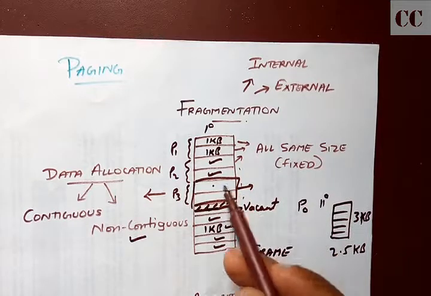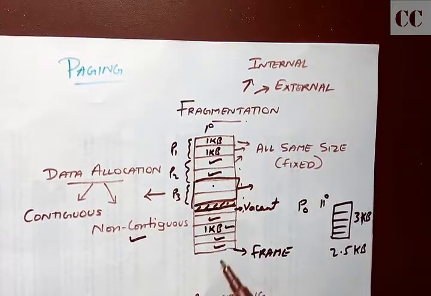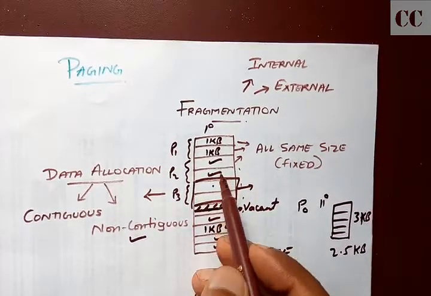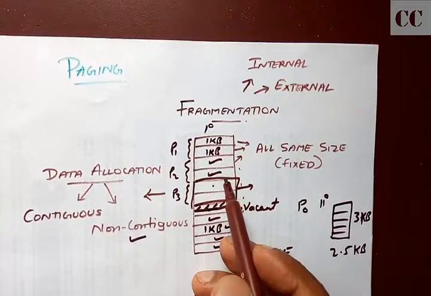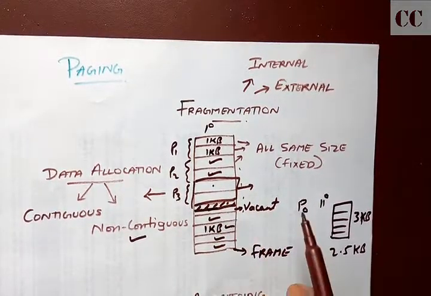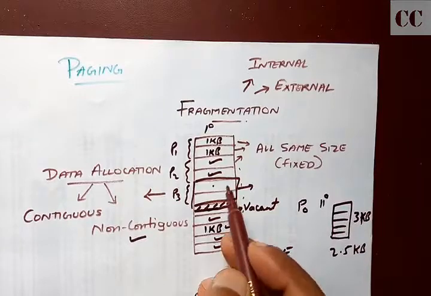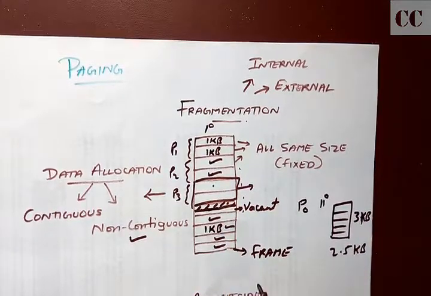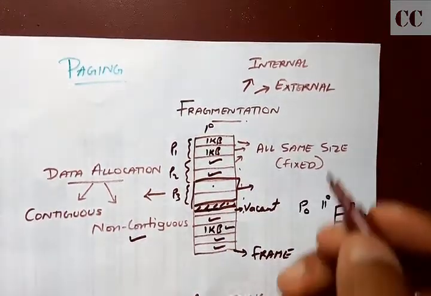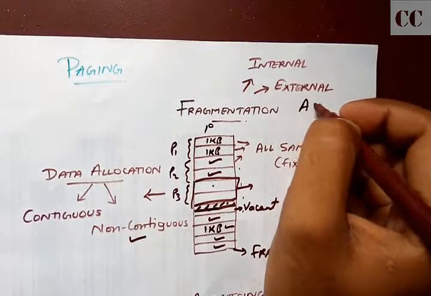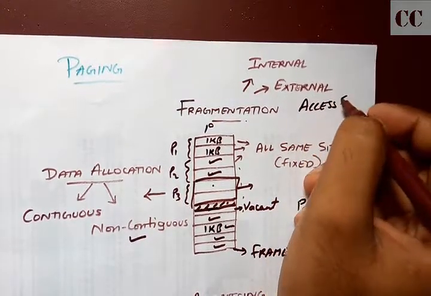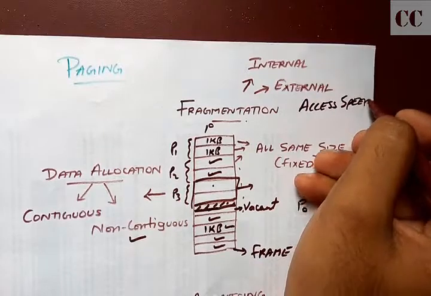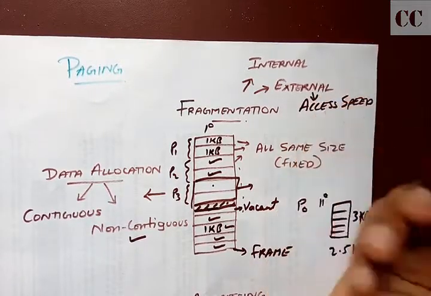But what if there is fragmentation or external fragmentation? After each slot is traversed, the CPU has to go and search for the next slot throughout the RAM. So this causes a lack of access speed. Access speed is reduced because of external fragmentation.